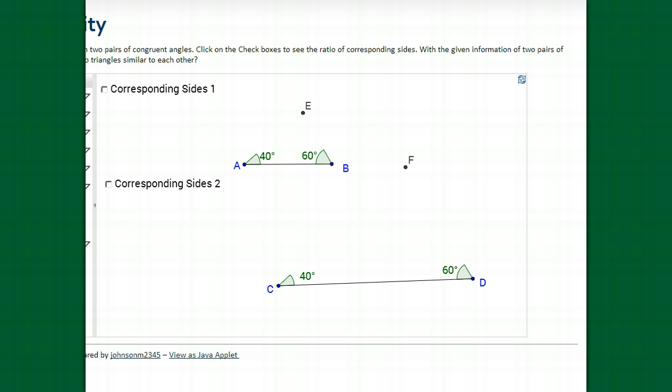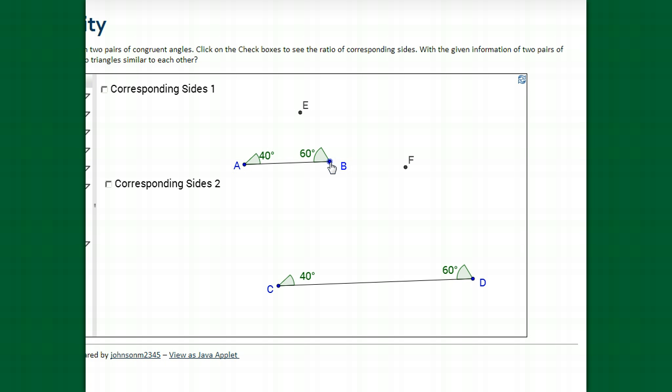All right, what we're looking at here is some given information. I have a 40-degree angle and a 60-degree angle up here at point A and around here at point B. Same thing, at point C I have a 40-degree angle, point D I have a 60-degree angle. So what I have are two pairs of congruent angles. Now, the 40-degree angle will come up, the 60-degree angle will come up, and they're going to intersect at point E. Same thing down here.